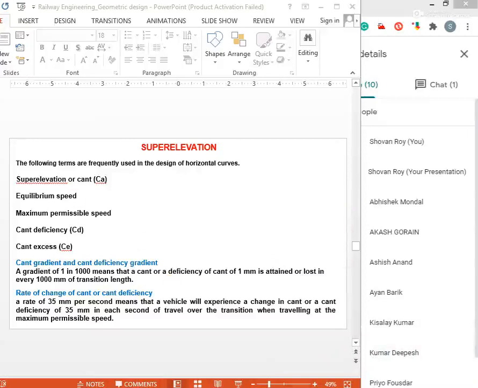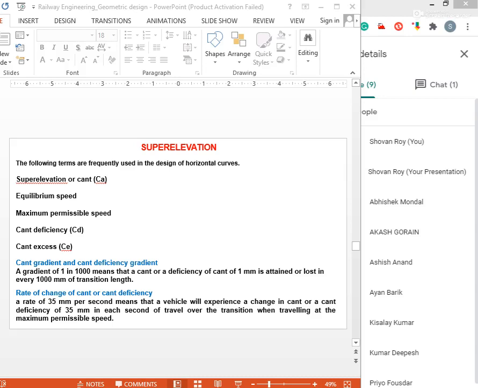Again, I should tell you what cant deficiency is. Cant deficiency occurs when a train travels around a curve at a speed higher than the equilibrium speed.